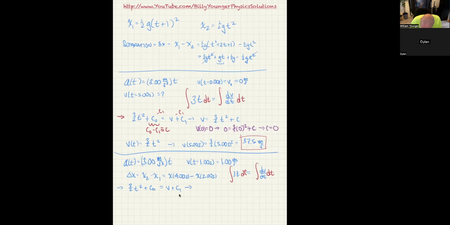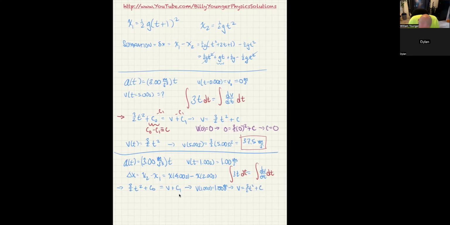And then the fact that v of 1.00 is equal to 1.00 meters per second tells us that this time I can say v is equal to 3/2 t squared plus c. So I did the same thing I did earlier where I combined c0 minus c1.